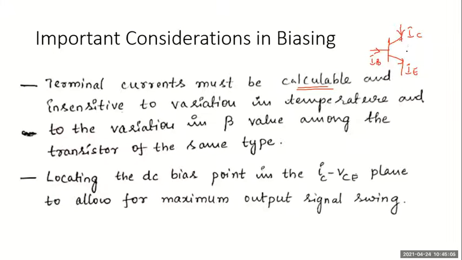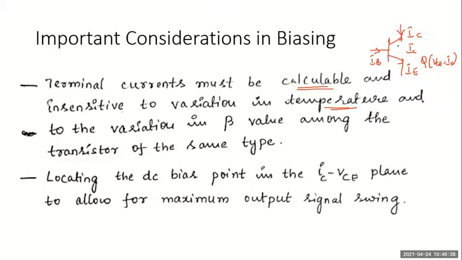Once I fix up this IC, or once I fix up the Q point, which has both VCE and IC, we don't want these things to vary when either temperature changes or when we replace one transistor. Maybe this transistor got damaged, one of the terminals broke or something.